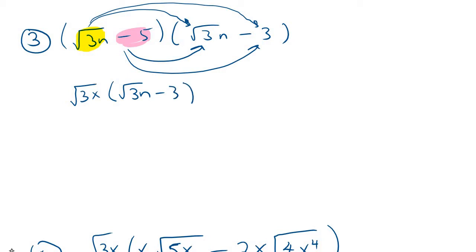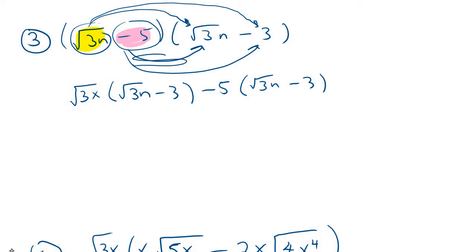That's taking this one and distributing it to everything there. And now we're going to take the second one, all right, -5, and distribute it again to square root of 3n minus 3, okay? So let me remove these arrows so they are not in the way.